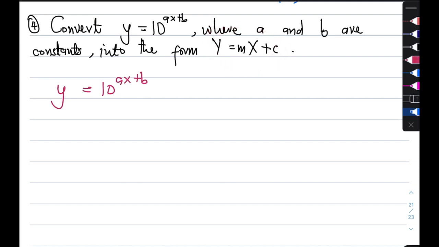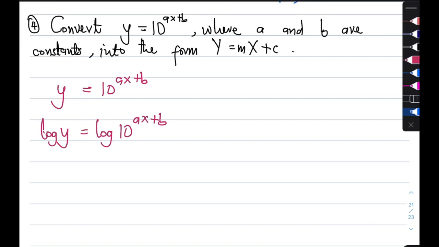Well, since it's exponential, you can just take log of both sides. So you have log y is equal to log 10 to the power ax plus b. Now note that when you write log on its own, it is to the base 10.